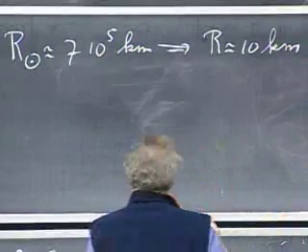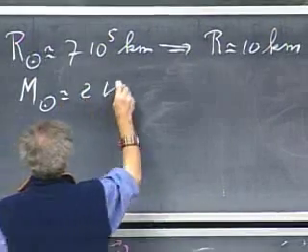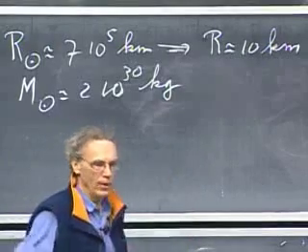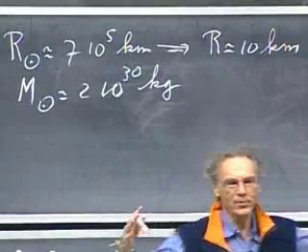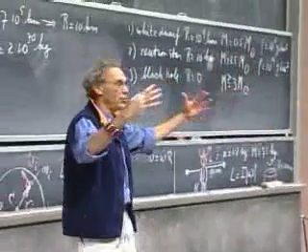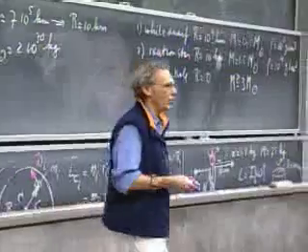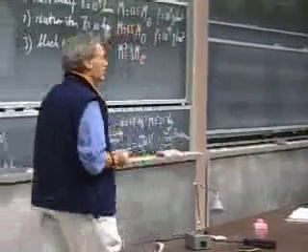The mass of the sun is 2 times 10 to the 30 kilograms. And for those of you who are good at math, you can calculate, when you collapse this object without losing any mass, you keep all the mass but shrink it to 10 kilometers, how much gravitational potential energy is released. And that is a staggering number.